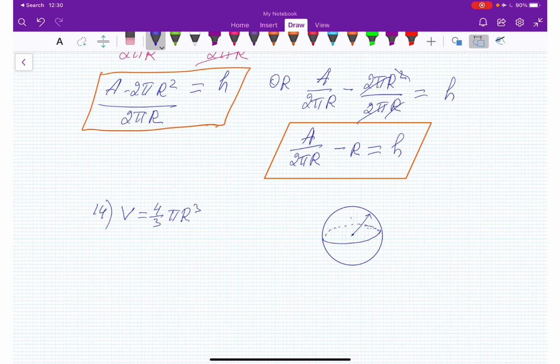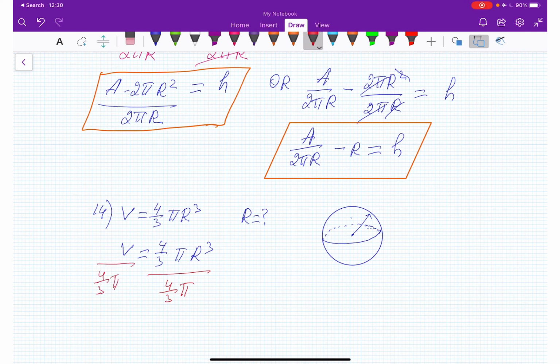Let's assume we need to find the radius. We have volume. We know how much volume is, and we need to know which radius will provide us that much volume. Okay? So, first we need to find the radius cubed. V is equal to 4 over 3 pi r cubed. So we need to divide, get rid of 4 over 3 pi, right?